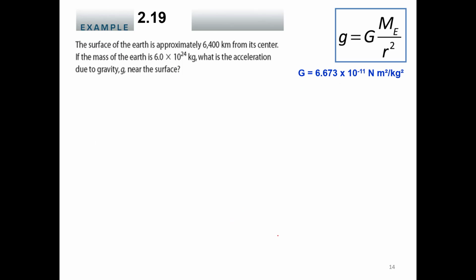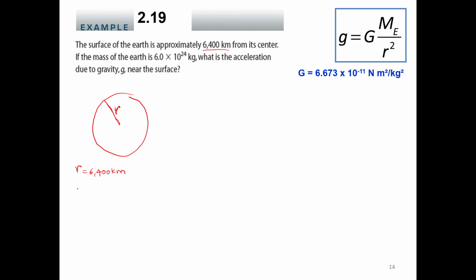And let's now try to solve one problem applying this equation. The surface of the Earth is approximately 6,400 kilometers from its center, and this value is telling the radius of the Earth. Then we have here the Earth, and this is the radius, and this value is equal to 6,400 kilometers.